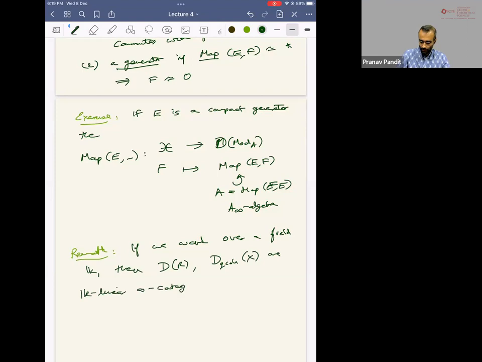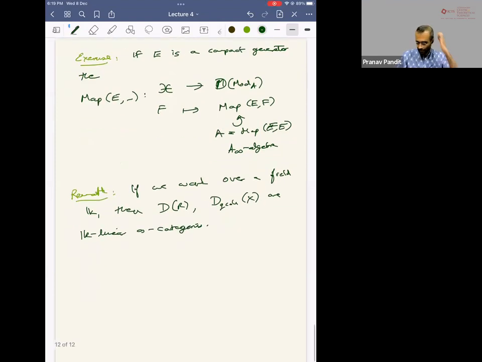And one model for this, so now I hope I've made it clear by now what it means to say you have a model for something. It means you have one way to systematically think about the idea of that thing. So you're talking about infinity categories. Complete Segal spaces are a model for the idea of an infinity category. So I'm going to give you a model for what it means to have a K-linear infinity category. Here's one way to model it. That is simply a category enriched in chain complexes.